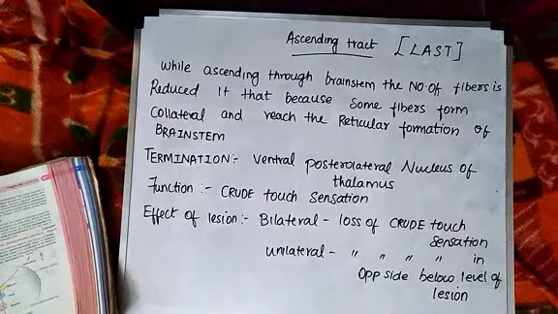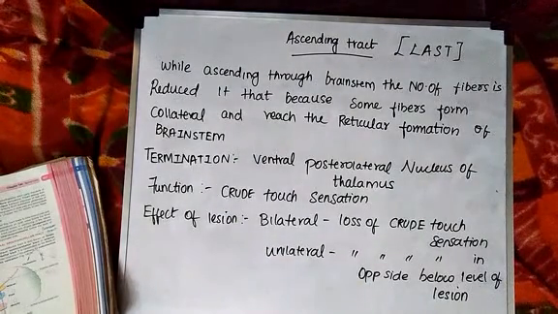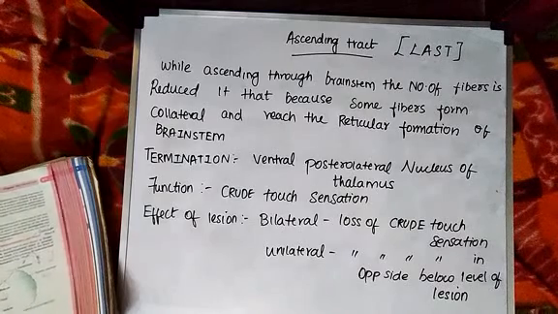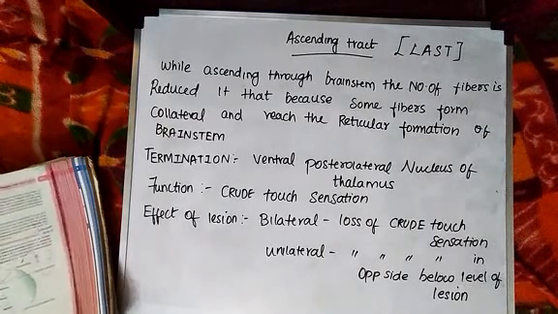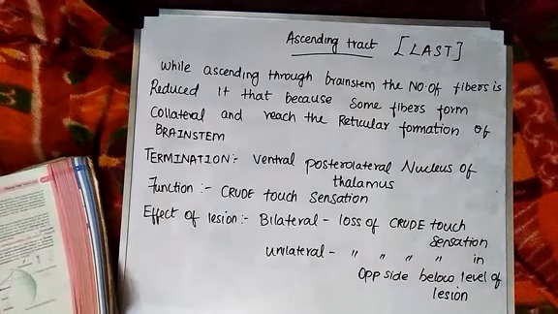By ascending through the brainstem, which is the midbrain plus hindbrain, the number of fibers is reduced because some fibers branch off and reach the reticular formation of the brainstem.